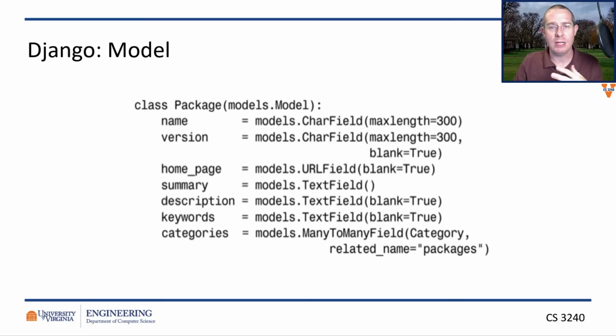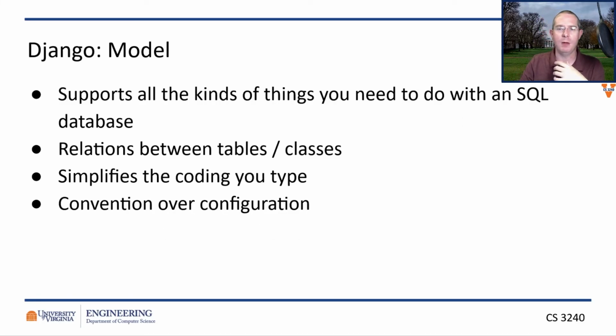Looks very similar to the way you would define a database table, except we're doing it inside of Python. A model ideally is going to do everything that you would want a normal SQL table to do. Things like manage relations between tables to say something like, if a student exists, they must have registered for at least one class. You can embed some logic into that, some foreign key dependencies, for instance.